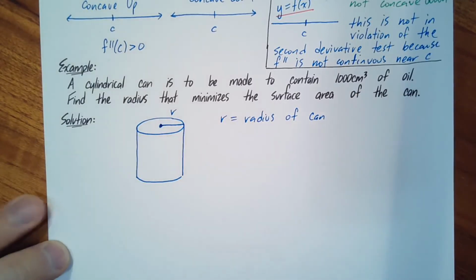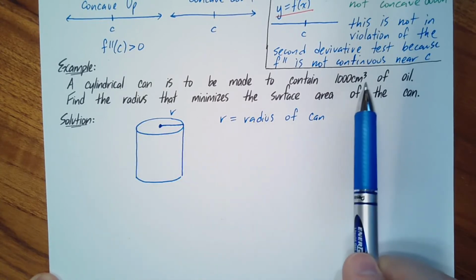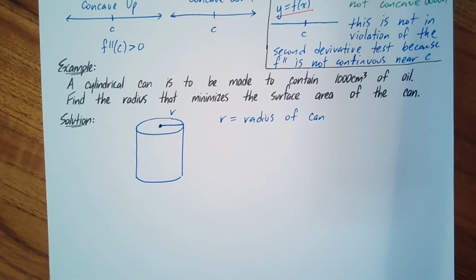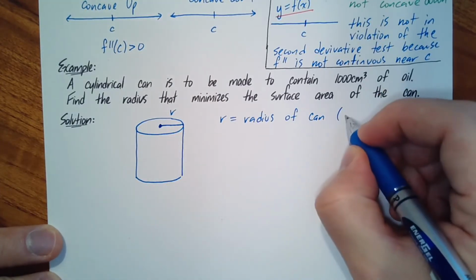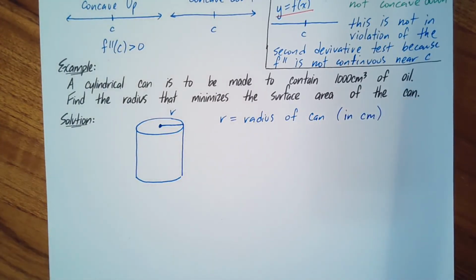And what units are we going to use? We don't need to set anything in stone, but it seems like centimeters would be the one to use, right? If this volume is measured in centimeters cubed, it's going to make sense to measure one-dimensional distances in centimeters. So let's say in centimeters. And the other attribute of the cylinder that's going to matter, the one that's going to play a role in volume and surface area, which are built into this question, right?